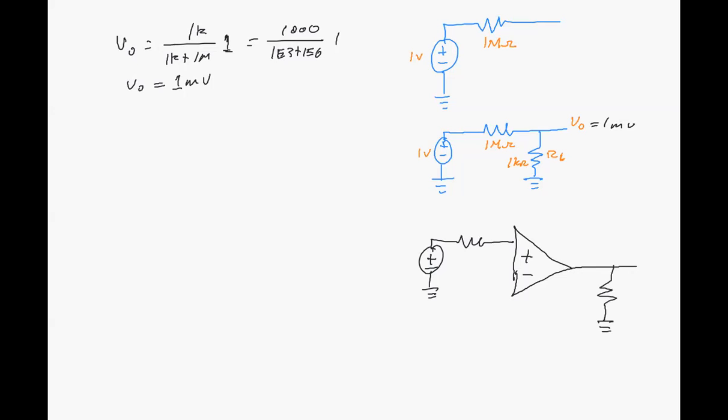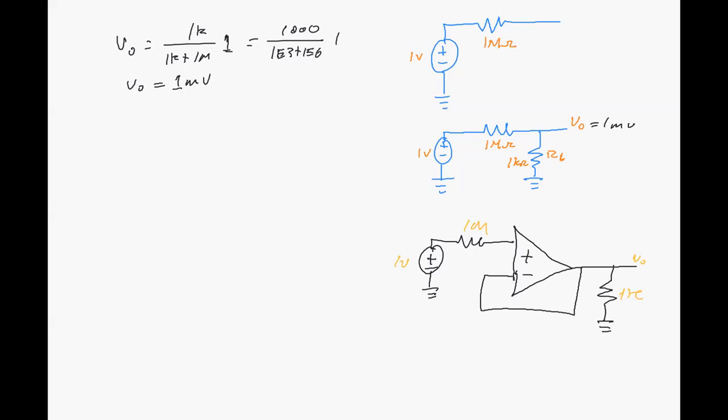And for a buffer, we just connect a wire for 100% negative feedback to the input. So we've still got 1 volt here, V out, 1K, 1 mega ohm. So the question is, what is V out now?